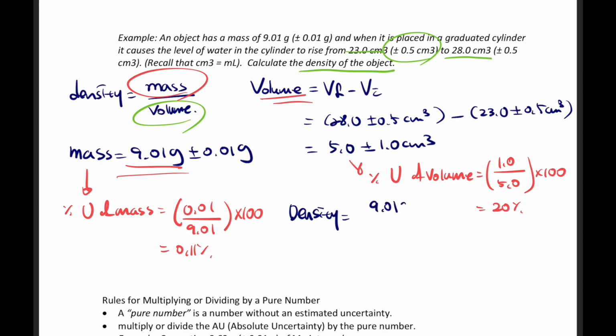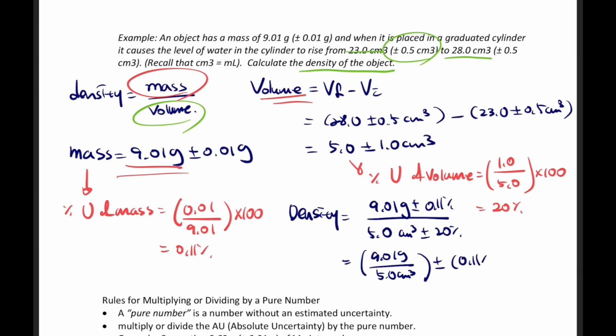Then we can say that the density in this case is 9.01 gram plus minus 0.11% divided by 5.0 centimeter cube plus minus 20%. Okay, then this is the same as 9.01 gram divided by 5.0 centimeter cube plus minus 0.11% plus 20%.